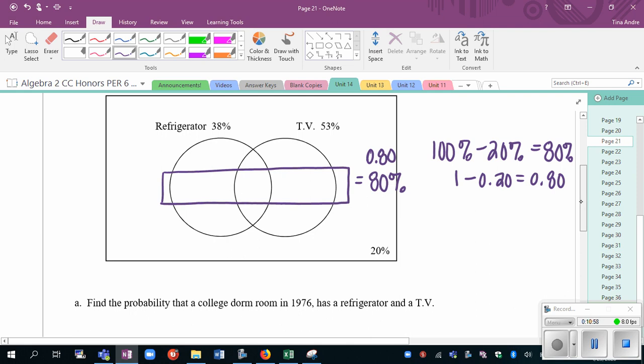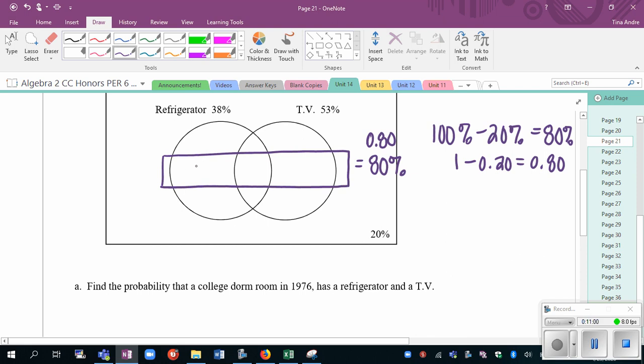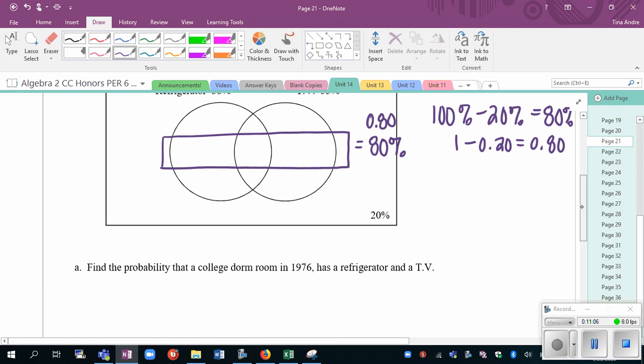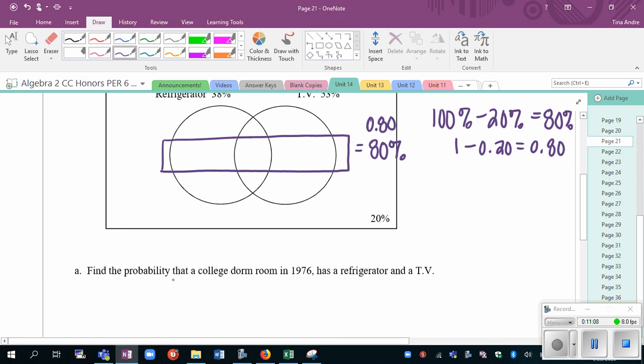Now I need to think about how to figure out the overlap. I know these three numbers that go here have to add up to 0.8, or 80%. The first question says, find the probability that a college dorm has a refrigerator and a TV. So I need to find this overlap first. Even if the question didn't ask, that would be the direction I'd go, because I want to fill in this Venn diagram.